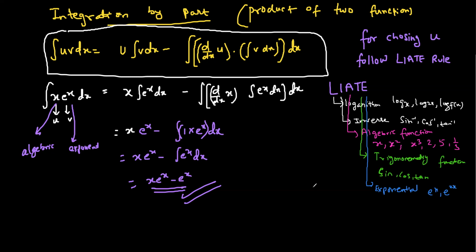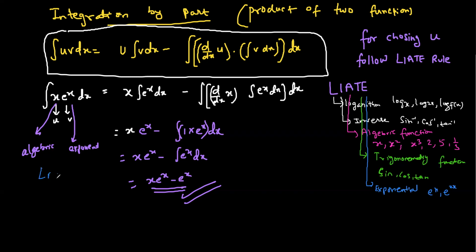Now you can ask why I consider this u. Why is e^x not u? Because according to the order, e comes last, exponential, and a comes before e, right? So a stands for algebraic function. This is an algebraic function.